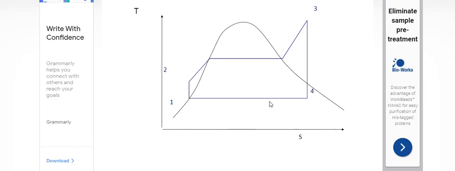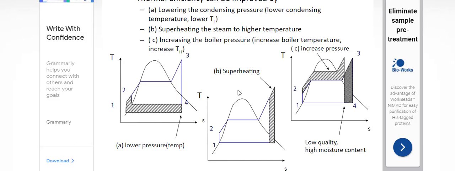Here is the simple TS diagram of the turbine, meaning the Rankine cycle, and this is the new diagram with the reheat cycle. Thermal efficiency can be improved in two ways. One is lowering the condenser pressure.